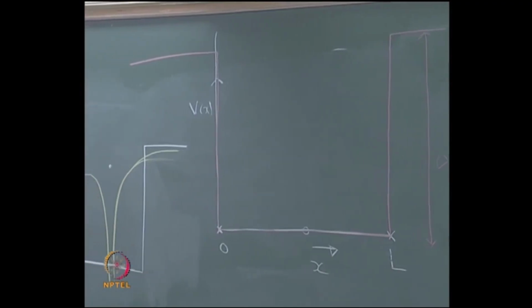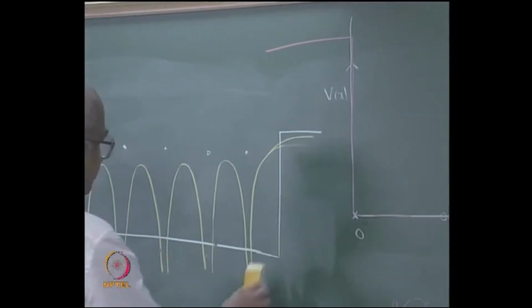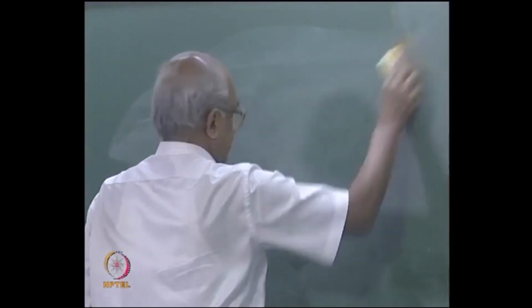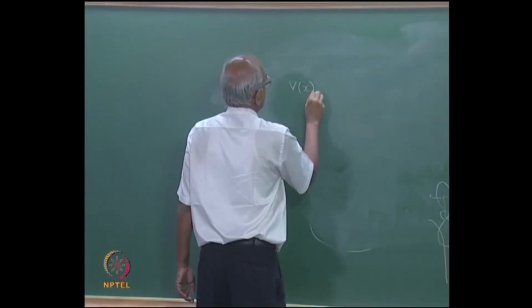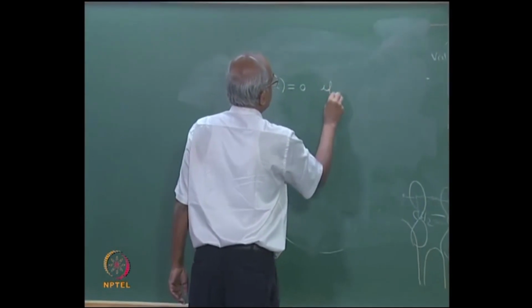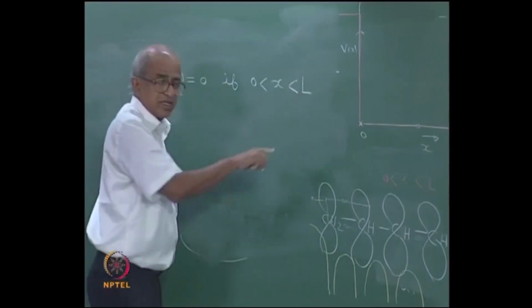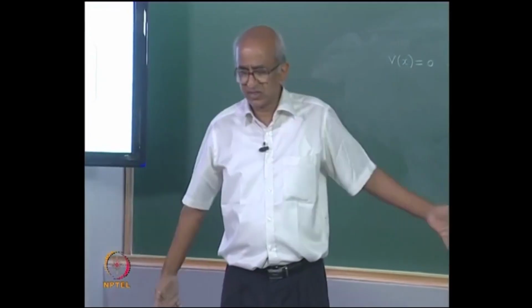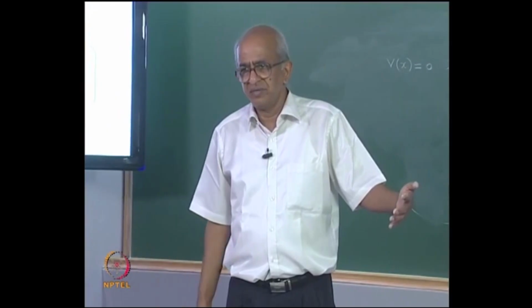So, let me now go ahead and define things quantitatively. Precisely speaking, what I have is V of x equal to 0 if x is between 0 and capital L, where L is the length of the box, and particularly if we have a molecule like this, what would be the typical length of the molecule?